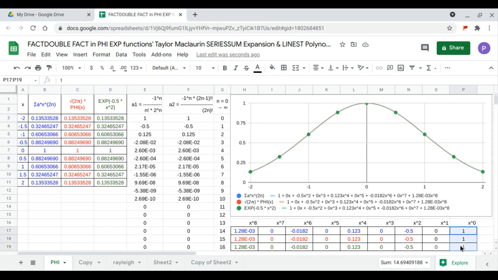The polynomial regression coefficients are still the same. The trend lines are all collinear, and their polynomials are all the same. This completes the use of double factorial and factorial, the phi function and the exponential function, the relationship with its Taylor-Maclaurin series sum expansion.